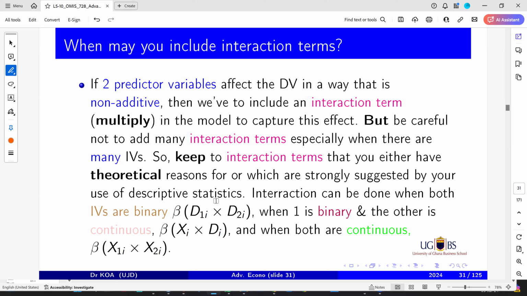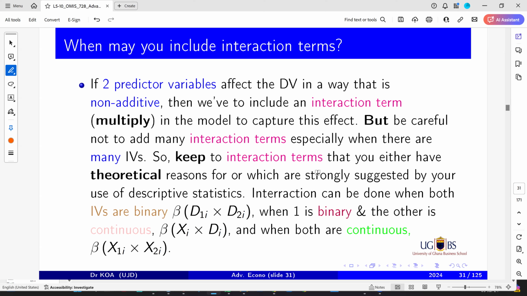You can do interaction between an independent variable and a binary independent variable. So when the thing is binary, it's all right to multiply it with another variable, when one is binary and the other is continuous. You can also do two continuous variables like we did.